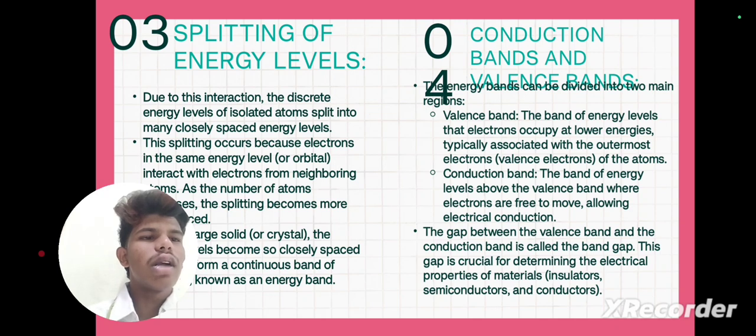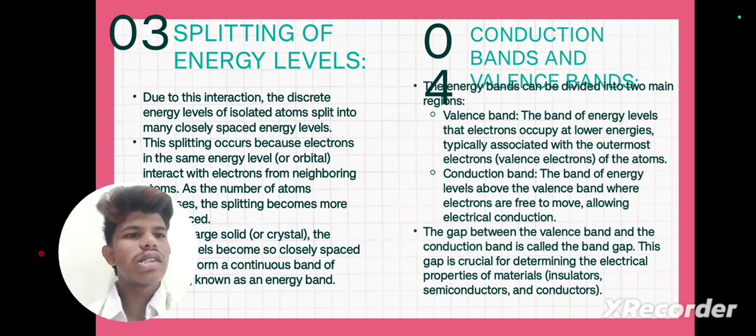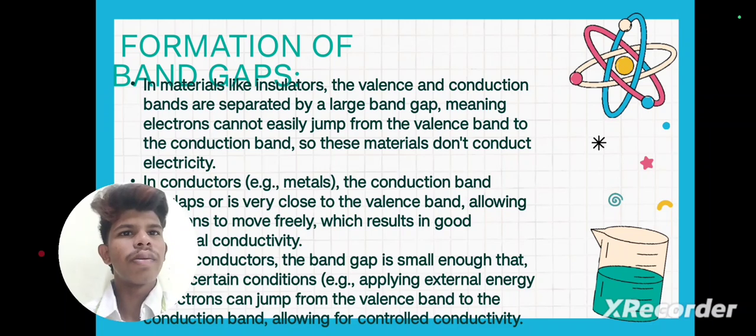Conduction band, the band of energy levels above the valency band where electrons are free to move, allowing electrical conduction. The gap between the valency band and the conduction band is called the band gap. The gap is crucial for determining electronic properties of materials, insulators, semiconductors and conductors.